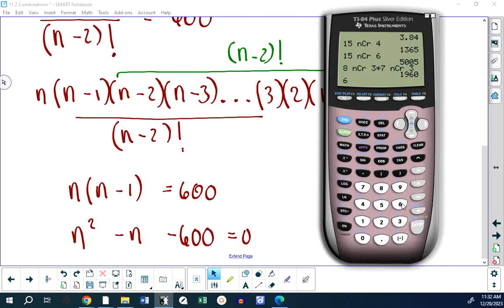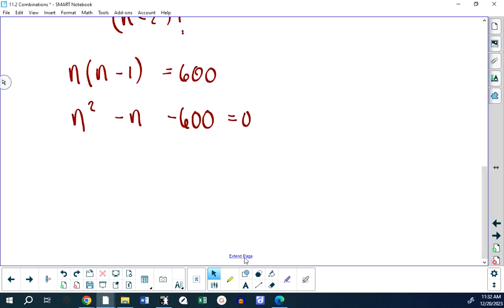The square root of 600 is 24 point, well, maybe it's 25. Maybe it's 25 and 26. They're 1 apart. Yep, nope. Maybe it's 25 and 24. Yep. So they're 25 and 24. I'll show you another thing you can do here in a second.